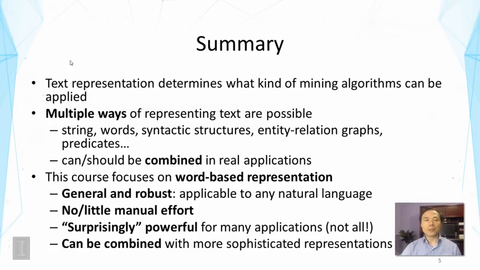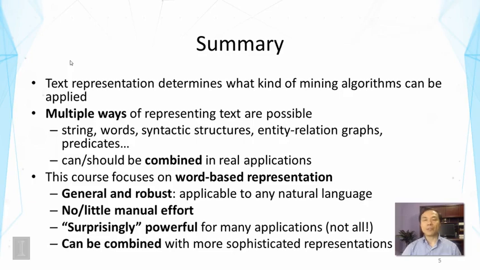So to summarize, here are the major takeaway points. Text representation determines what kind of mining algorithms can be applied. And there are multiple ways to represent text: strings, words, syntactic structures, entity relation graphs, logical predicates, etc. And these different representations should in general be combined in real applications to the extent we can.